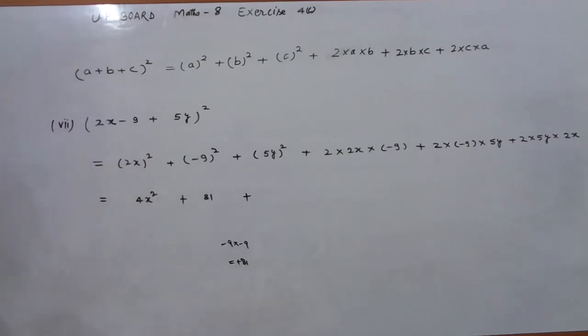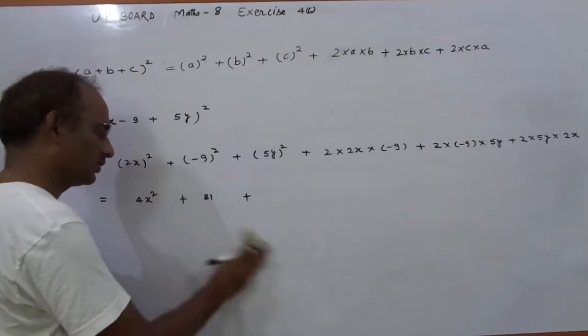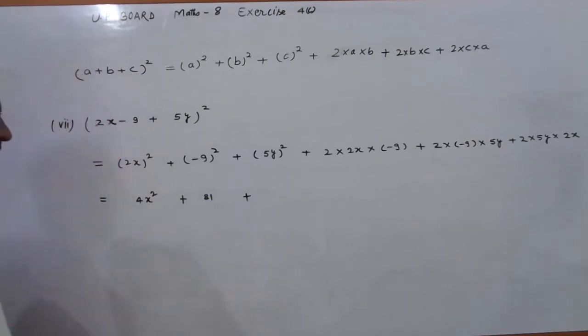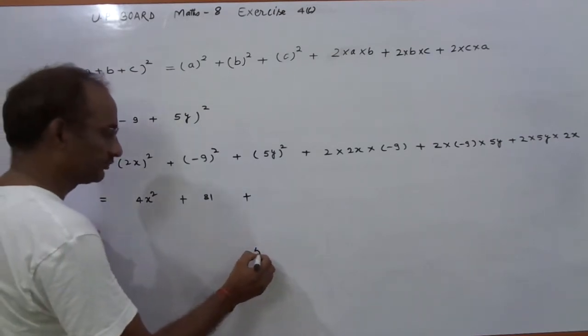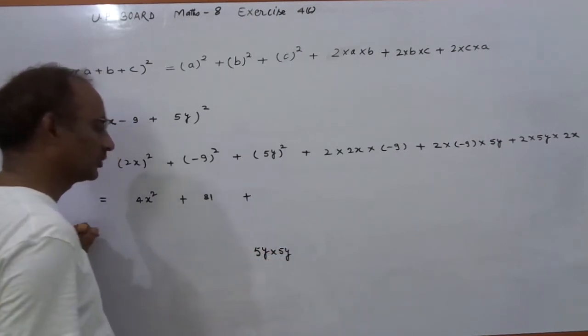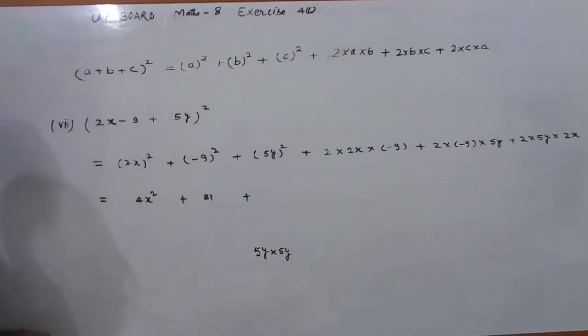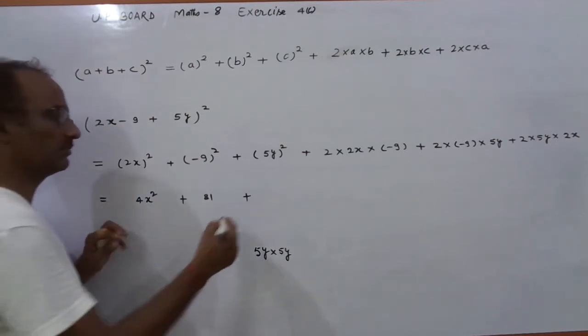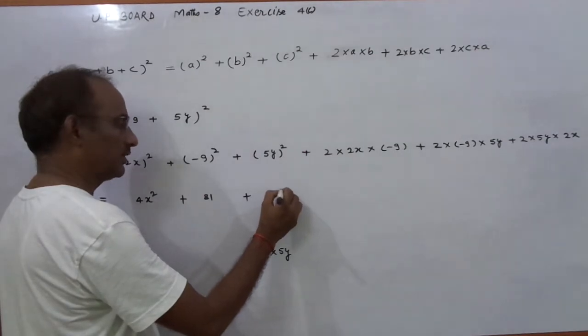Now 5y whole square, so 5y is multiplied with 5y, we get 5 5 is 25 and y power 2.